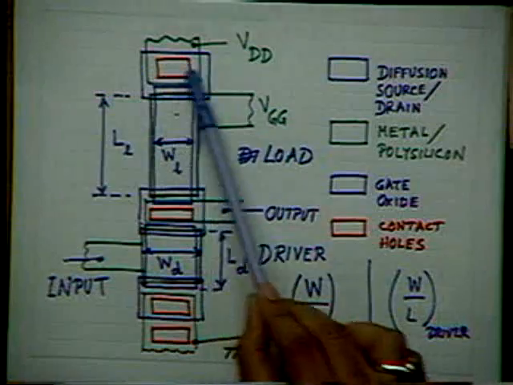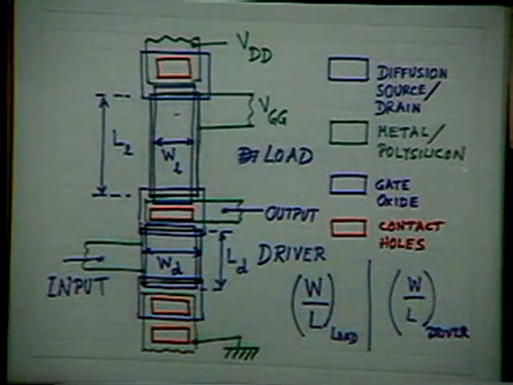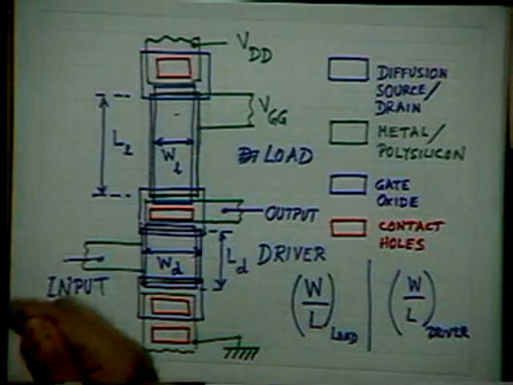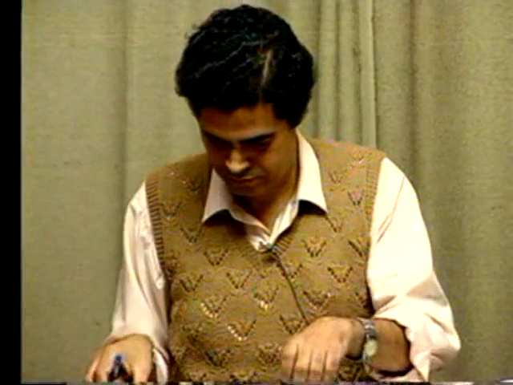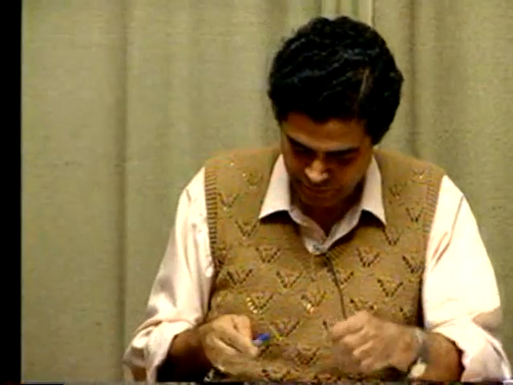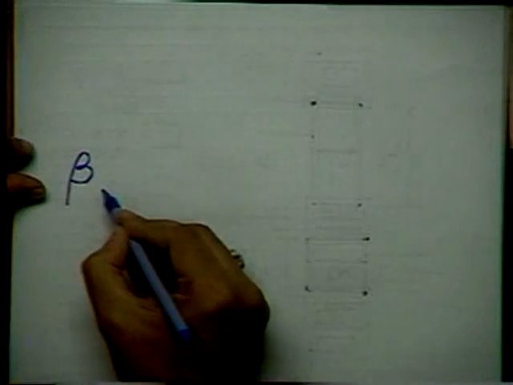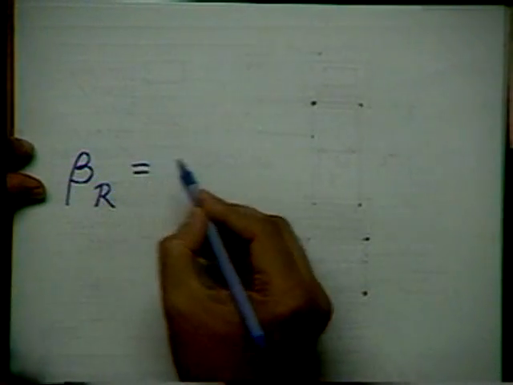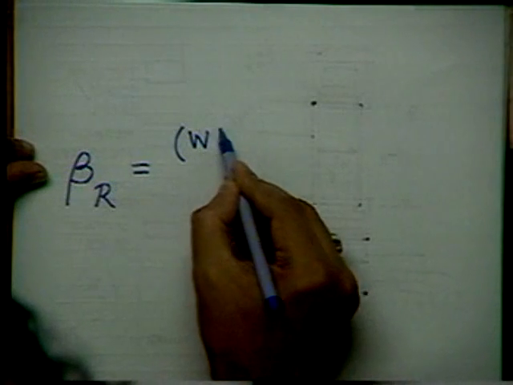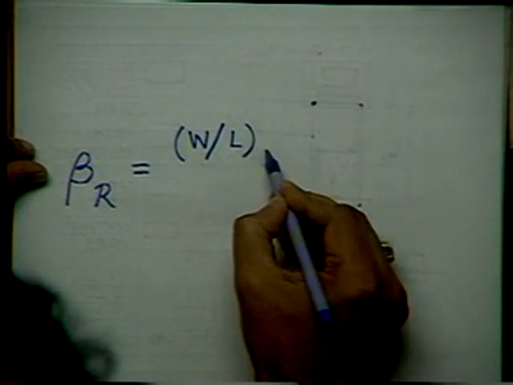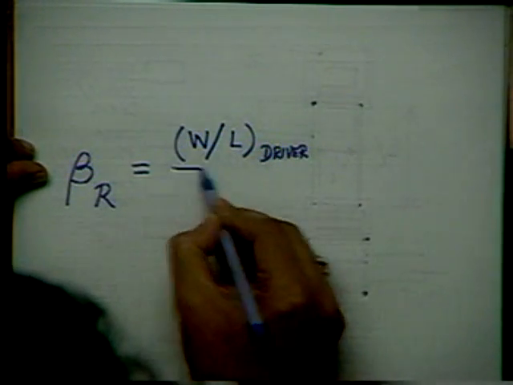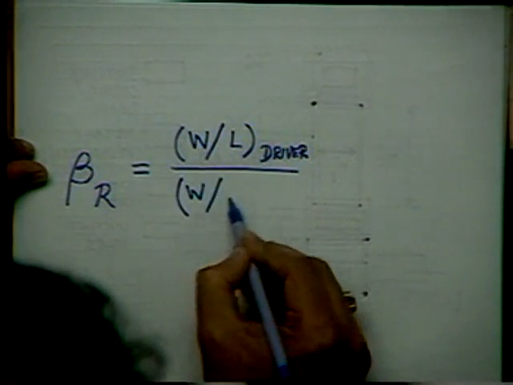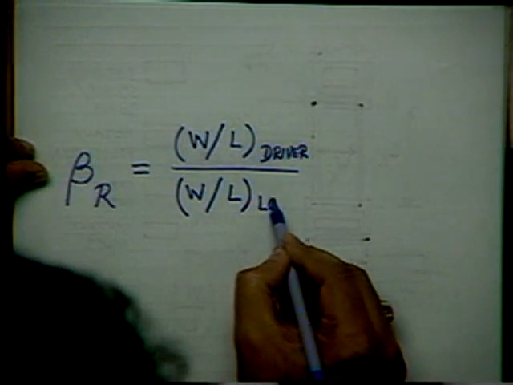So it is found that we can define a ratio called beta R, which is equal to W by L of the driver divided by the W by L of the load.